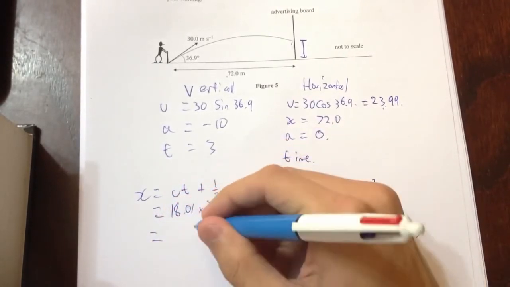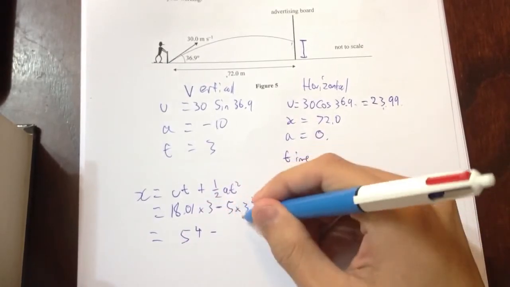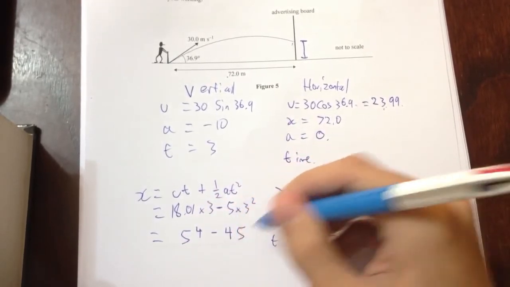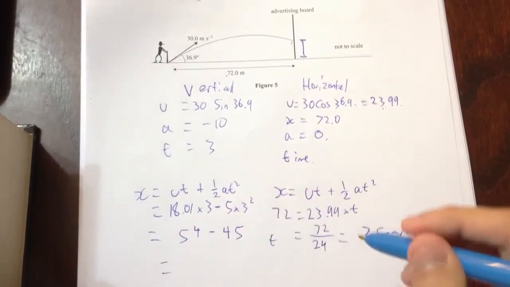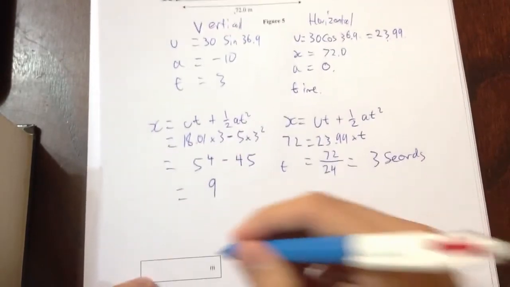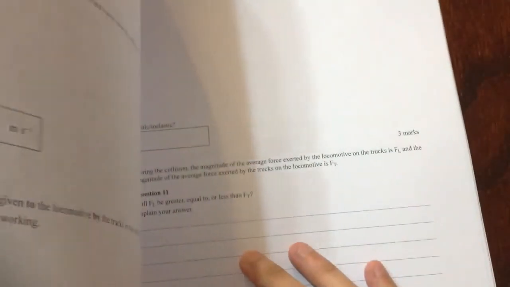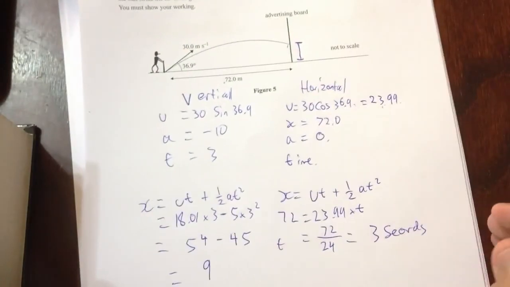I'm going to do this in my head just to keep myself excited, because you know how exciting it is to do math questions in your head. 54 minus 45 equals 9. 9 meters. I think that's it. Awesome. Okay, next question.